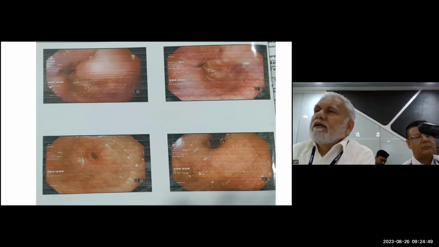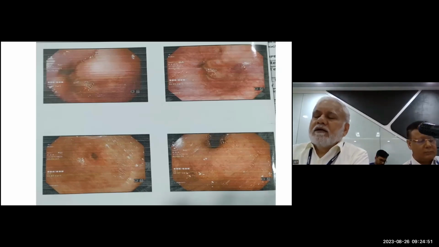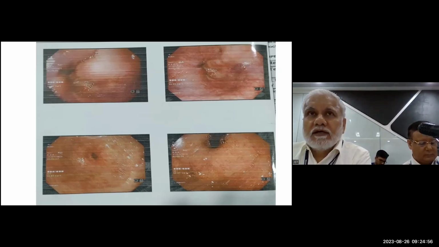Good. So one is that serious grade 3 or grade 4 adverse event, which decreases the overall performance status of the patient and causes severe morbidity, may even cause mortality.